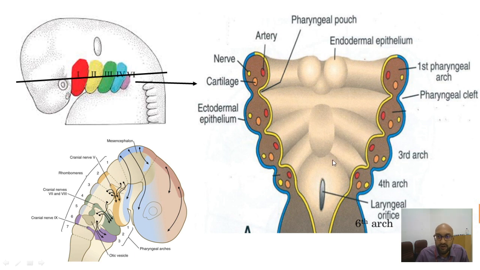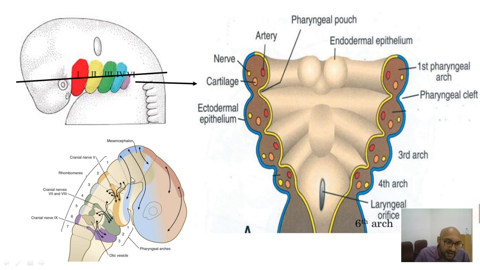This is the floor of the pharynx, or the floor starting with the oral cavity and the front of the pharynx. And you can see each of these arches has got a muscular component, a skeletal component, a nerve and an artery. So these muscles are also striated muscles, but they do not develop from the somites of the paraxial mesoderm, but they actually develop from neuroectoderm.